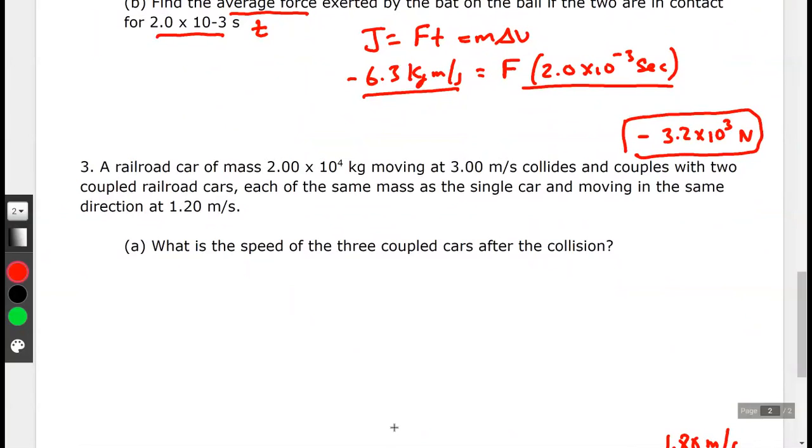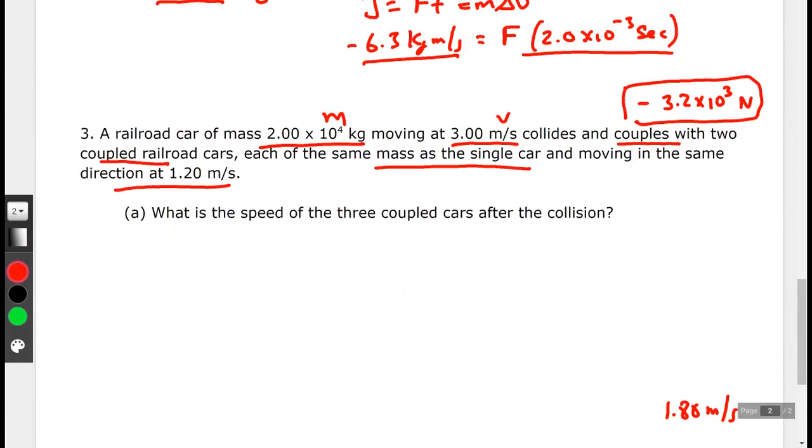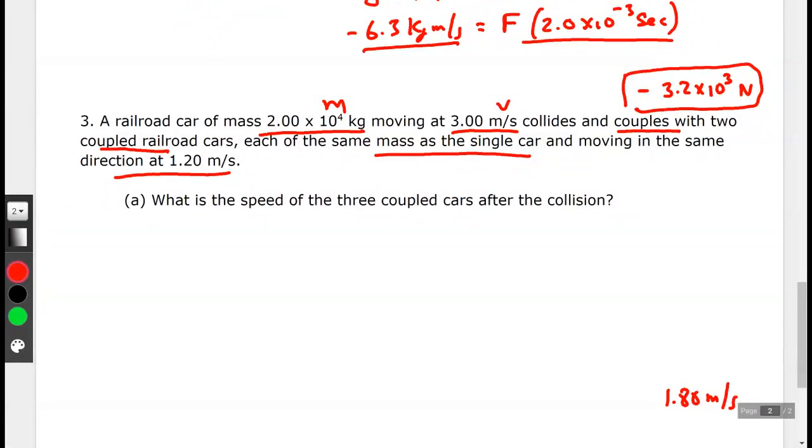A railroad car with the following mass and velocity collides and couples, joins and combines with two coupled cars. Each car has the same mass as that single car that's moving at 1.2 meters per second. So what is the speed of the coupled cars?